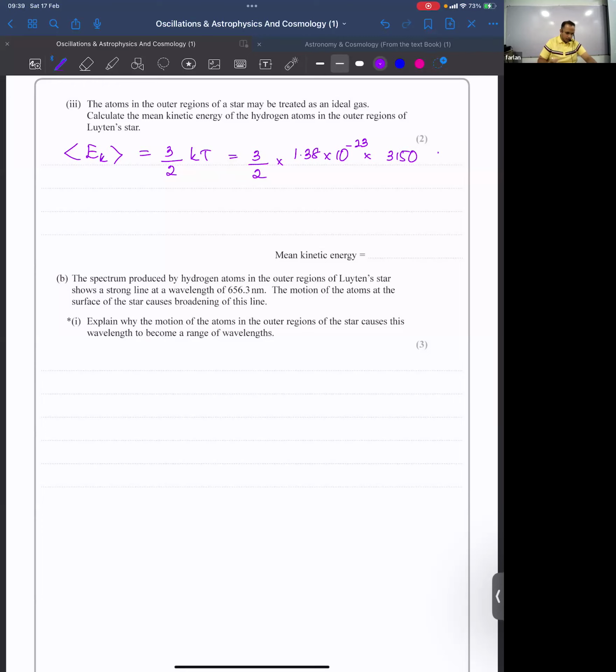Which is 6.52 into 10 to the power minus 20 joules. This is the mean kinetic energy of the hydrogen atoms at this temperature.